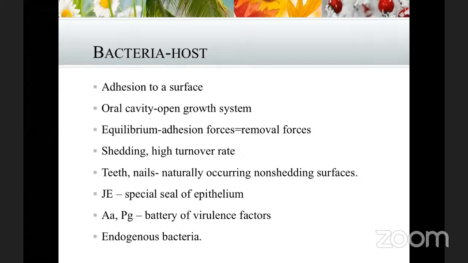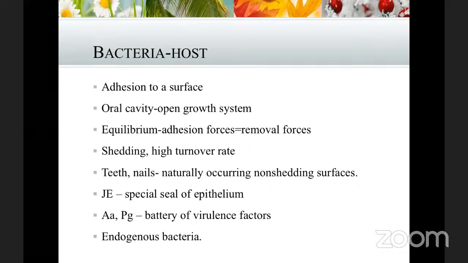They have different batteries of virulence factors: how they adhere, how they invade, how they evade the host defense mechanism. We can say that teeth and nails are the only naturally occurring non-shedding surfaces. Artificial non-shedding surfaces are dental implants and heart valves. So the teeth also act as the port of entry of periodontal pathogens.